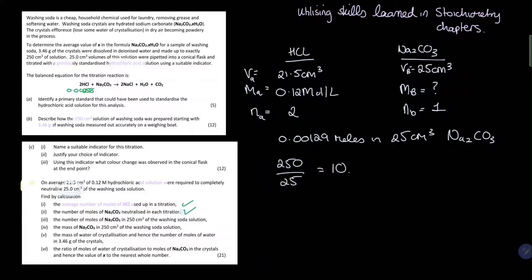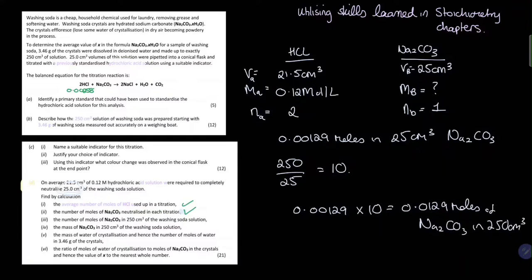So if I want to work out how many moles is in 250 centimeters cubed, I just take the amount of moles in 25 centimeters cubed and multiply it by 10, and I would get 0.0129 moles of the sodium carbonate in 250 centimeters cubed, which is actually the amount I made up to in the first place. See up here, we had a certain amount of grams of the crystals and we brought it up to 250 centimeters cubed. Okay, that's the third one answered.